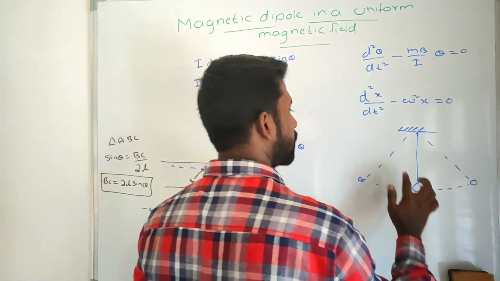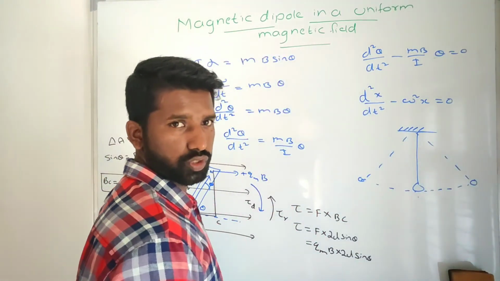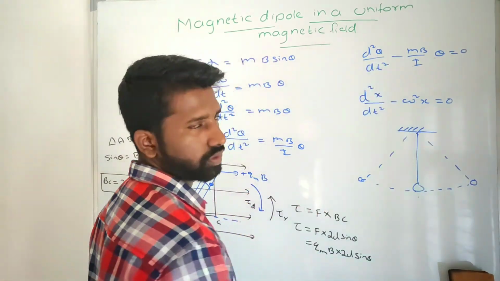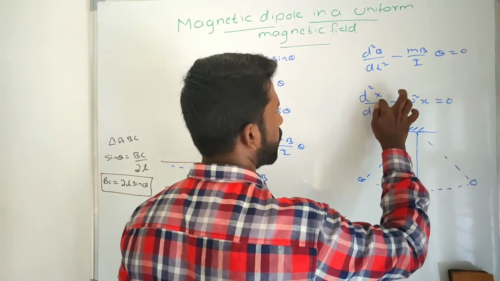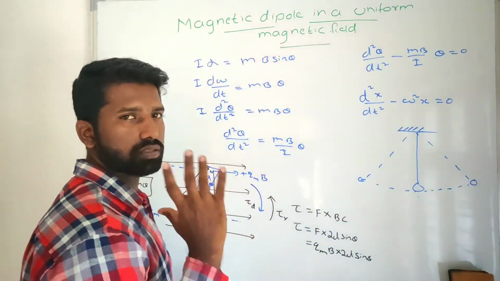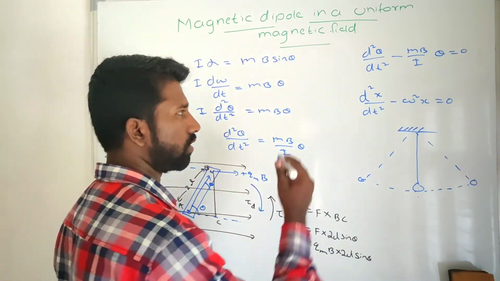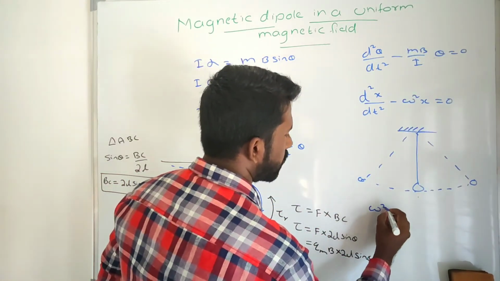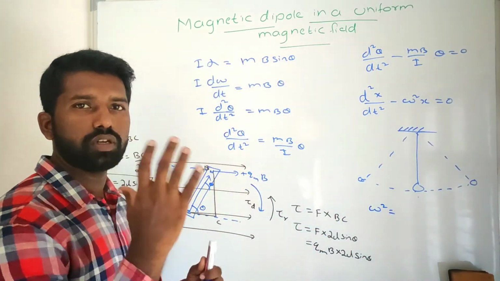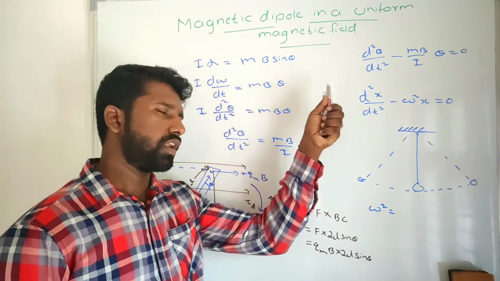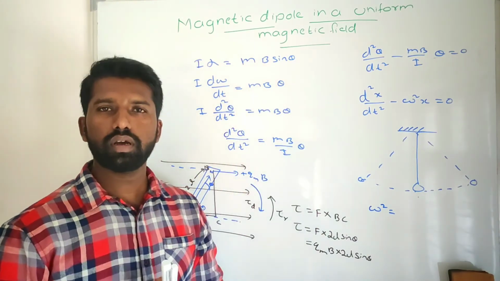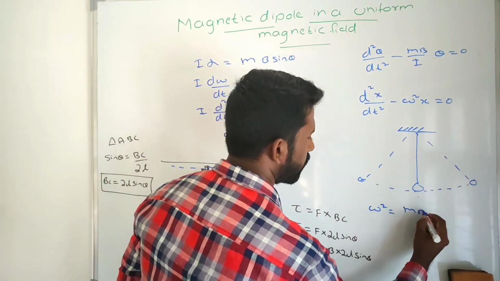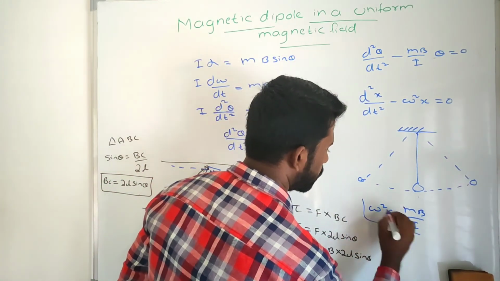Here x is the displacement from the equilibrium position. So you compare these two equations. Instead of displacement, the angular displacement theta is there. If you compare these two equations, we can say that the oscillation of the dipole is a simple harmonic motion and omega square is equal to mB divided by I.